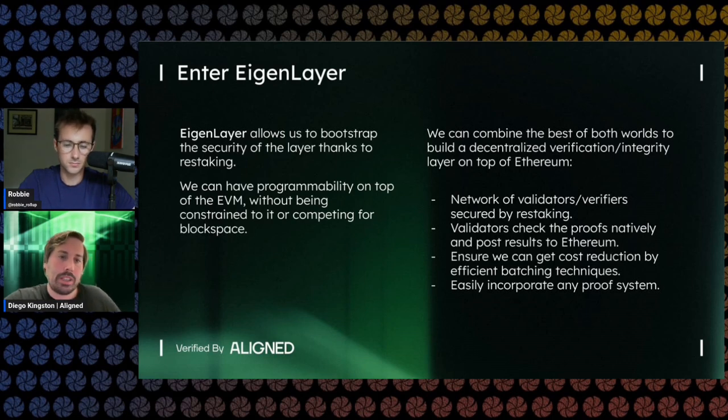And then what they do is they sign a message saying this batch is correct, okay? And then it gets sent to an aggregator. The aggregator then checks that it reaches quorum, that at least the majority said, okay, this is correct. And then the only thing it does is generate this aggregated proof and post it to Ethereum.